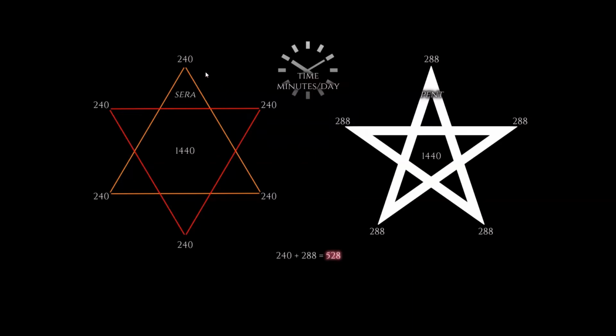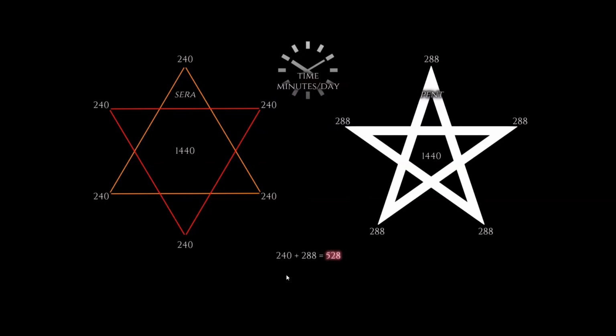If we divide 1440 by 6 for our 6-pointed star, it's 6 240-minute parts. Remember, the 6-pointed star represents Saturn. And if we take 1440 minutes divided by 5, we get 5 288-minute parts. The pentagram, or 5-pointed star, represents Venus.